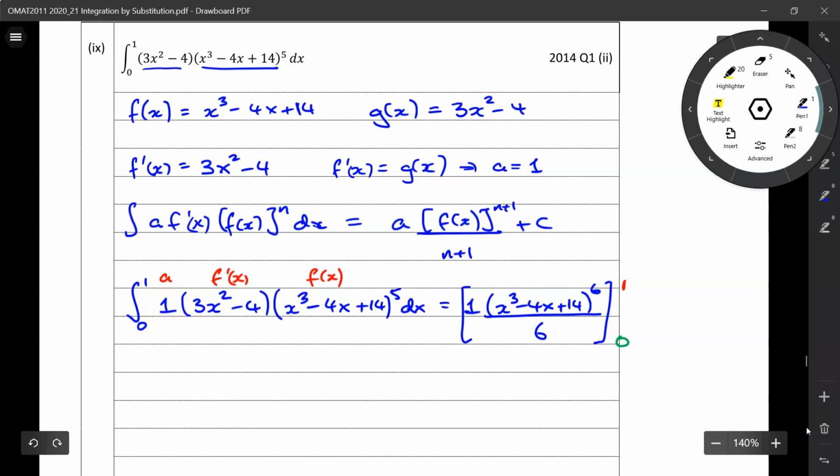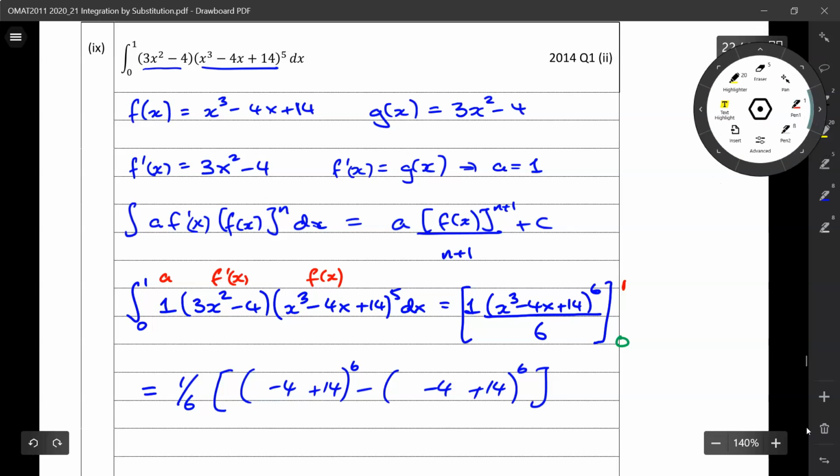So if we continue on, just plugging values in here, we have 1/6 on the outside. We bring the 1 and the 6 out. I'll just write this a little bit neater. So we have 1/6 on the outside. And then for the upper limit, I'll put in the minus 4 and the plus 14, and here I put in the minus 4 and the plus 14, and that's to the power of 6 on both.